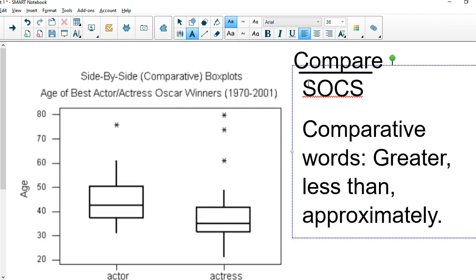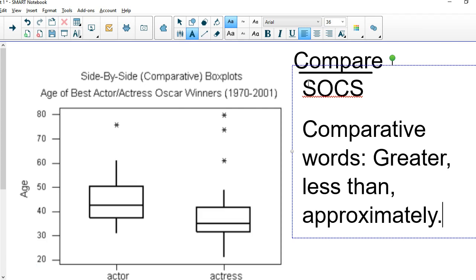So I'm going to do this now and attempt to do it in 45 seconds. The distribution of Best Actors, let me start over, excuse me. The distribution of Best Actors is approximately symmetric, excluding an outlier at around 79. This is approximately equal to an actress who was also an outlier at 79.